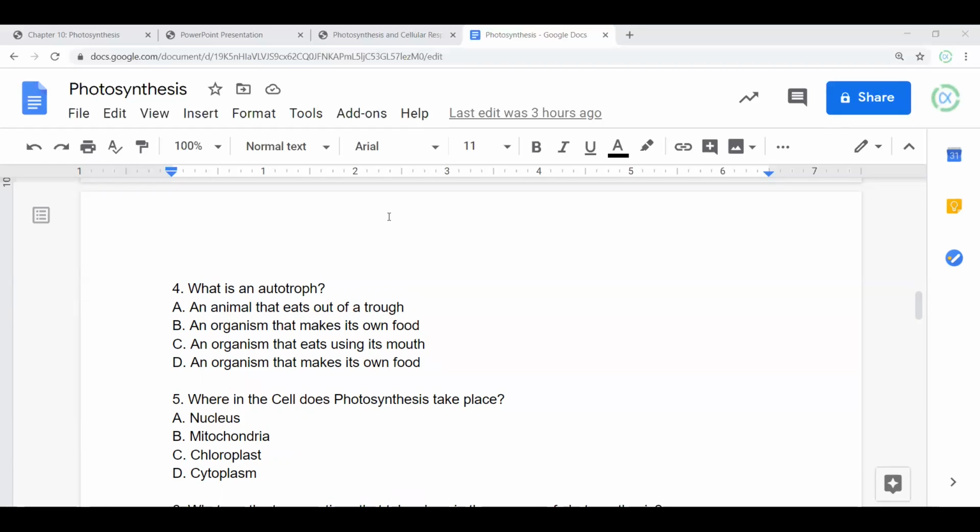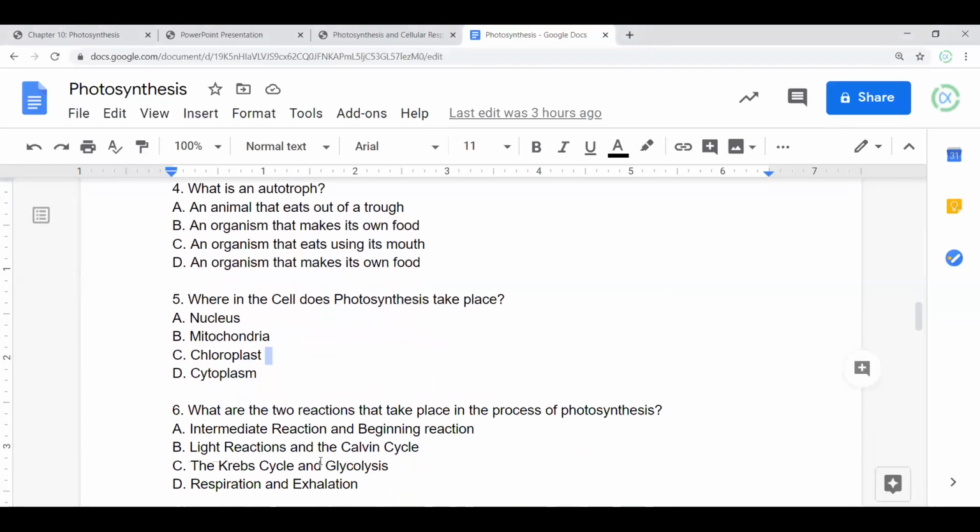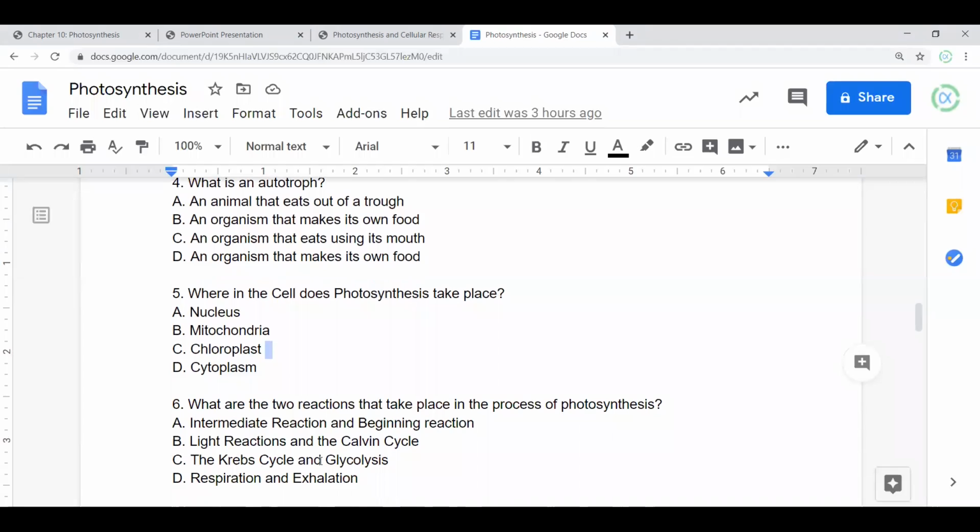Remember that we said the nucleus is involved with storage of DNA. The mitochondria are involved with creating energy, creating ATP from sugars. The chloroplasts are involved with photosynthesis, which means they create sugars, and then the cytoplasm is just the fluid that everything floats around in. So then next, what are the two reactions that take place in the process of photosynthesis?